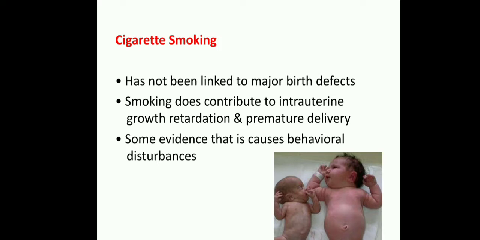Sometimes it is not associated with major complications, but prematurity and growth retardation are most commonly identified, and sometimes there is evidence of behavioral disturbances in the babies. Look at this picture: how the term baby looks and how the preterm baby looks.